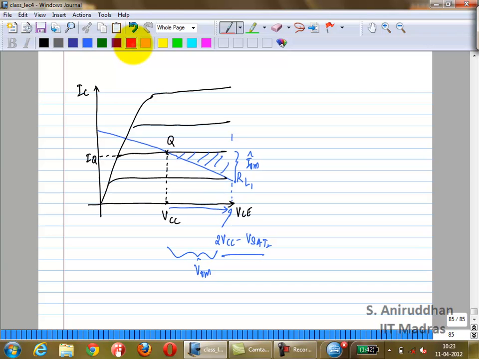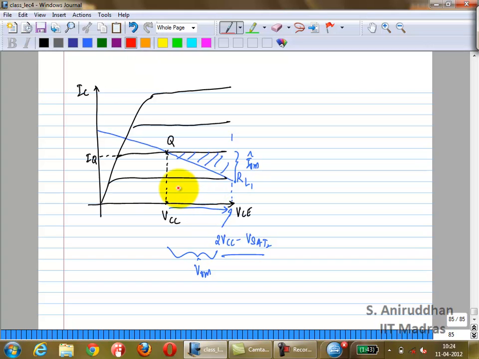Suppose you draw the same curve for RL2, which is a very small RL. What will it look like? Slope will be much larger, first of all.